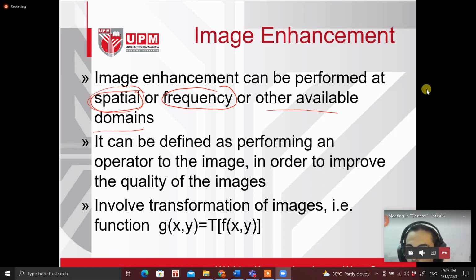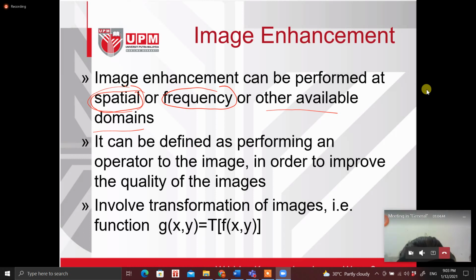Otherwise, if you all know what the spatial domain and the frequency domain are, then I can go ahead with the rest of the explanation about image enhancement. Yes. Okay. As I said, if you don't understand, you need to let me know. Otherwise, I'll just go to the next point.